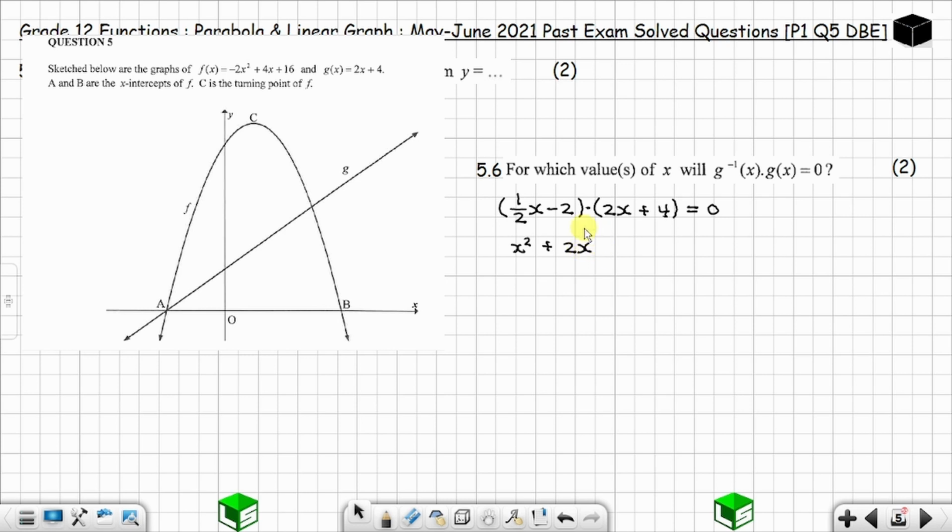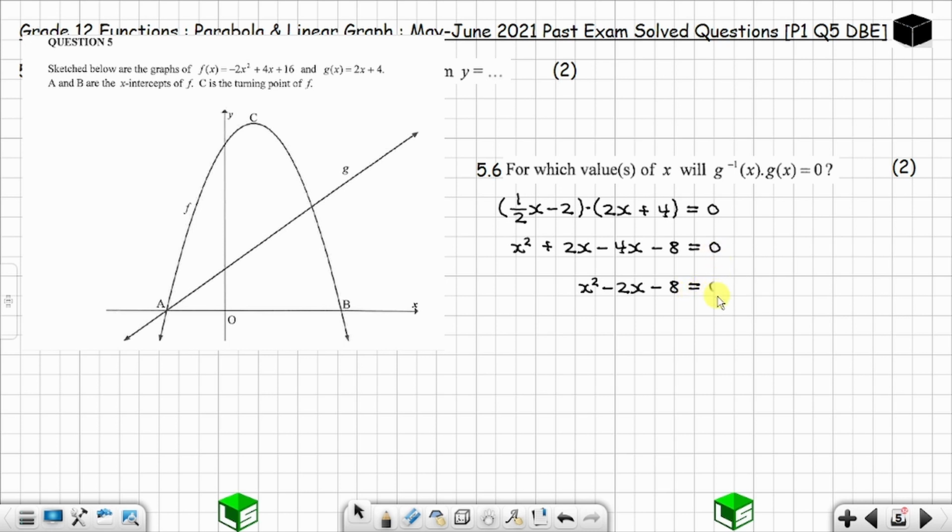Now you have negative 2 times 2x, which is negative 4x, right? And then you have negative 2 times positive 4, which is negative 8, right? Equal to 0. So this is x squared, and 2x minus 4x is negative 2x, minus 8, equal to 0.